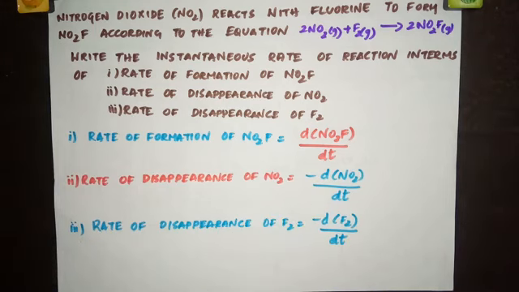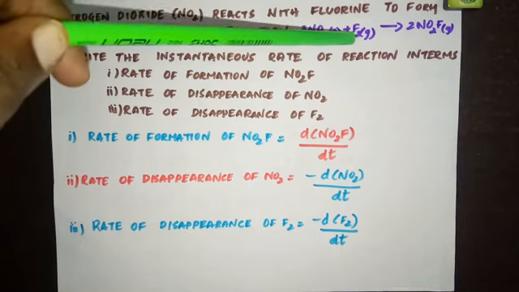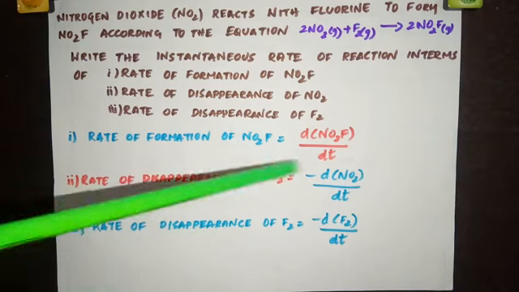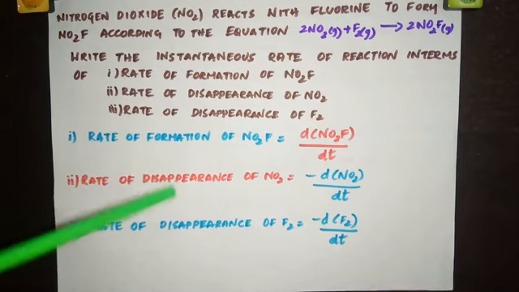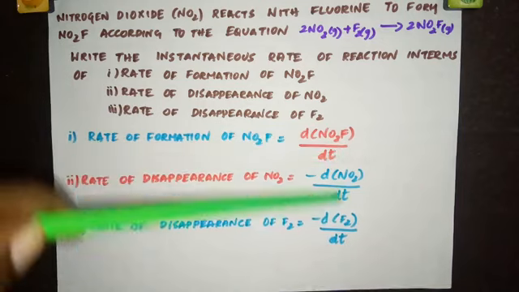What will be the rate of the reaction in terms of this? You have to multiply with the coefficient. Since you don't have any coefficient here, rate of disappearance of F2 is equal to the rate of the reaction. You have to note one thing here. When you write the rate of appearance and disappearance, you cannot equate all these three.